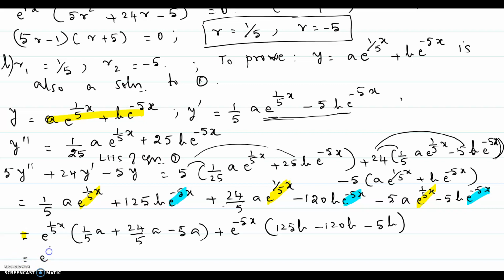So it is e to the 1 over 5x times, if you simplify this part, 0, plus e to the negative 5x times, this part again 0. So this adds up to 0.